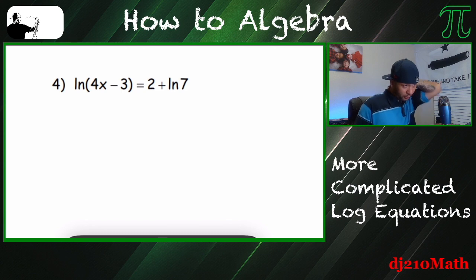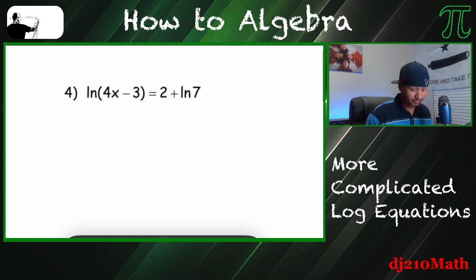Okay, natural log. Natural log is even easier. It's just like a regular log or the other three. The only difference is the base is e. That's the only difference. Logs to one side. So ln of 7. Subtract ln of 7 from both sides.